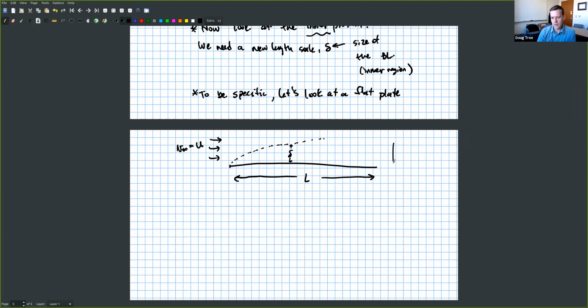Okay, I'm going to define X and Y coordinates as follows. X over here, Y this direction. Okay, note that the outer solution is trivial for a flat plate.